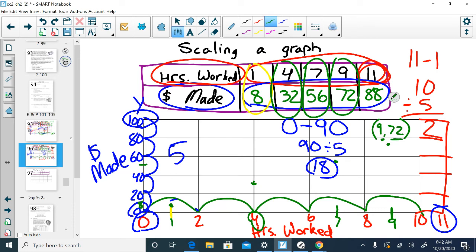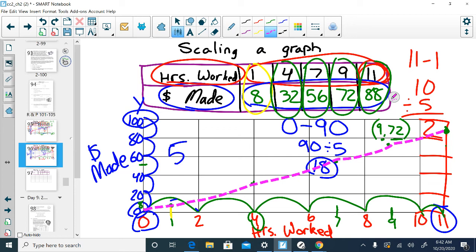And then the last one here, 11 over, 88. So we're going to go over 11, and then we're going to go up to 88. So I'm looking over at my y, and it's about right here. That'd be where 88 would be. So I could actually connect my points here as well. I could go boom, boom, boom, boom, and we'll see that as we work, we make more money, obviously.